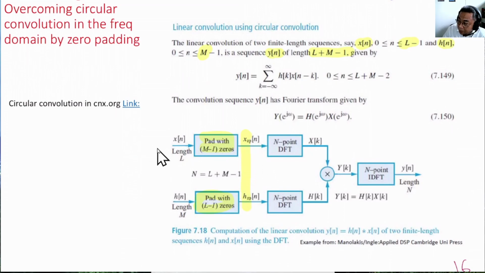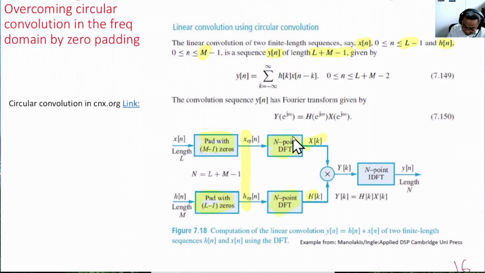So I repeat, the original sequence of x is L. We pad it such that it has L plus M minus 1 length. The original length of h is M. We pad it such that it becomes L plus M minus 1. Then we take this N-point DFT. N is equal to L plus M minus 1. That's the general idea. Why?